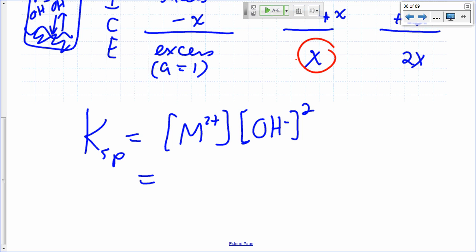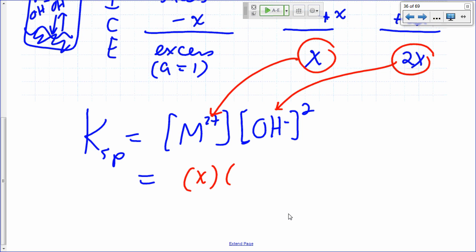Our M plus 2 is X. Our hydroxide is 2X. So this is going to be equal to X times 2X squared. And how do I simplify this? What is 2X squared? 4X squared times X, so that's 4X cubed, right?